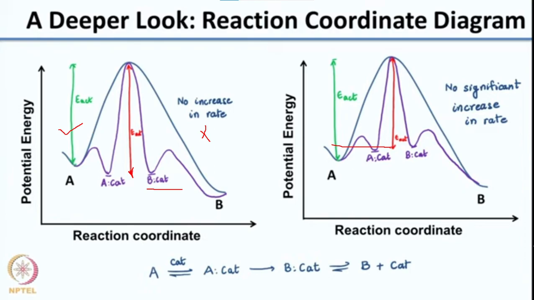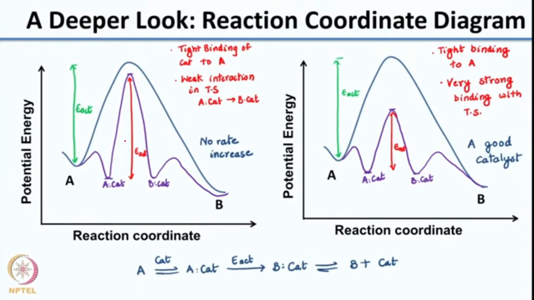That means this is also not a suitable catalyst for this particular reaction, because a suitable catalyst should reduce the activation energy by a significant amount, but here we cannot observe the activation energy change. That's why this is not a suitable catalyst.